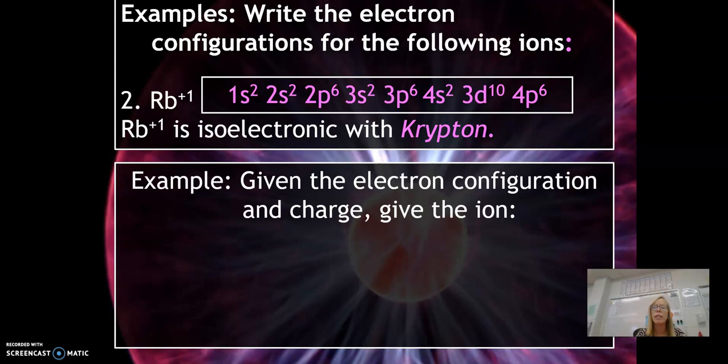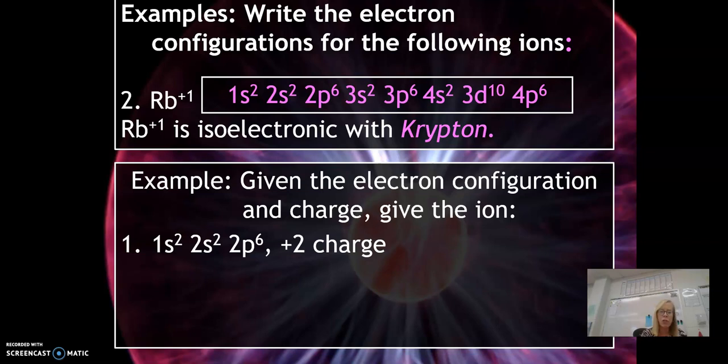Given the electron configuration and charge, give the ion. All right, so this is 1s2, 2s2, 2p6 with a +2 charge. So I'm going to go to 2p6 and know that that is the electron configuration for neon. But this is an ion that has done what?